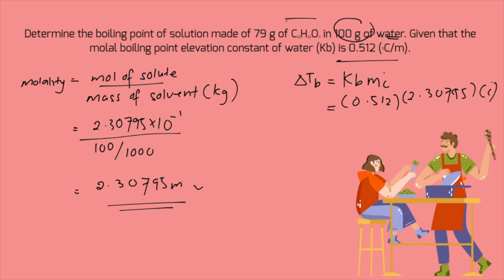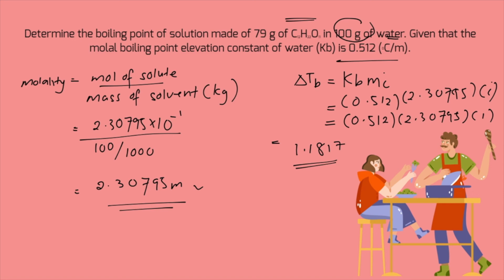This compound will not dissociate completely, so your i should be equivalent to 1. So 0.512 times 2.30795 times 1.